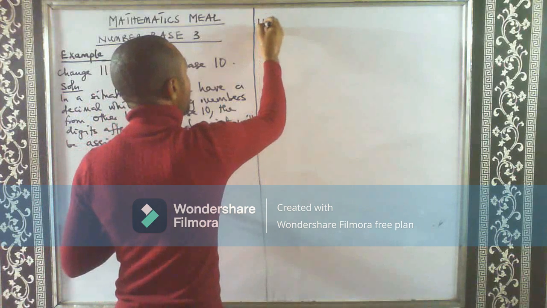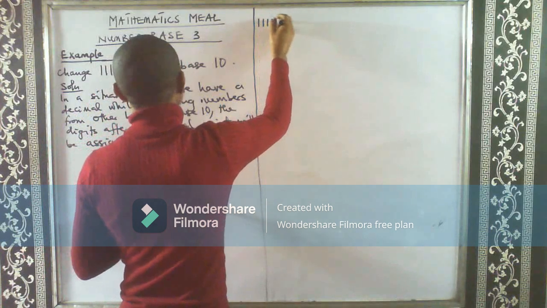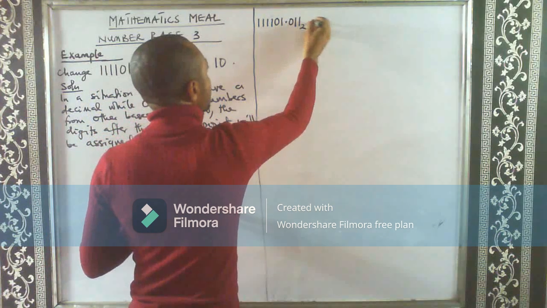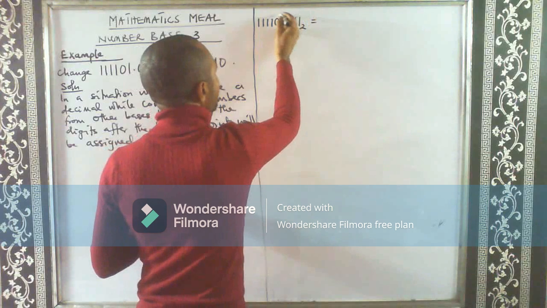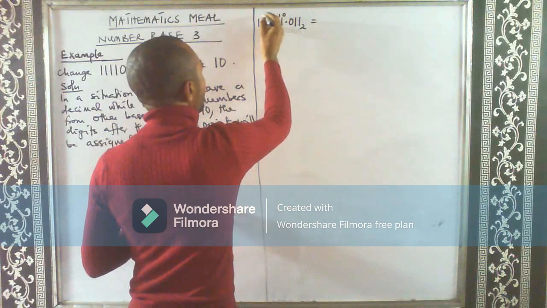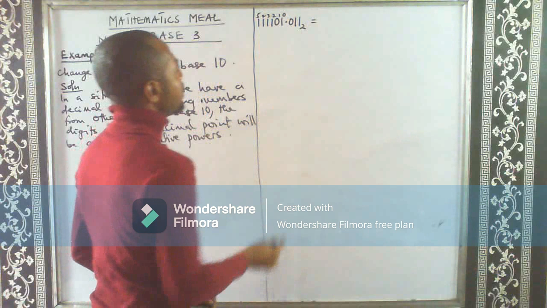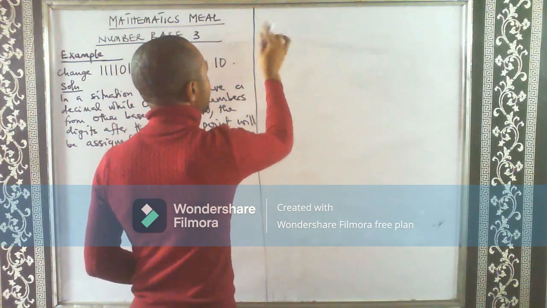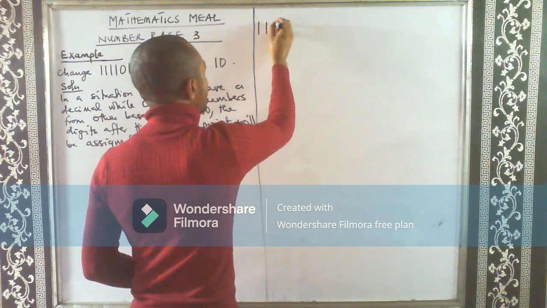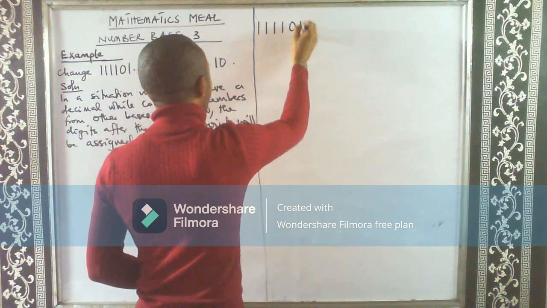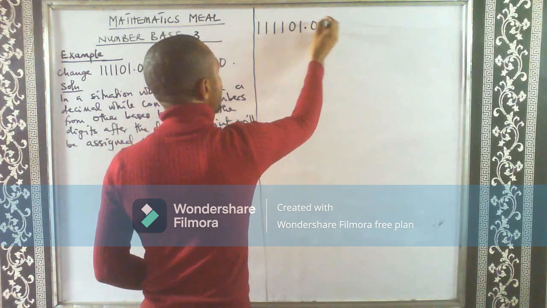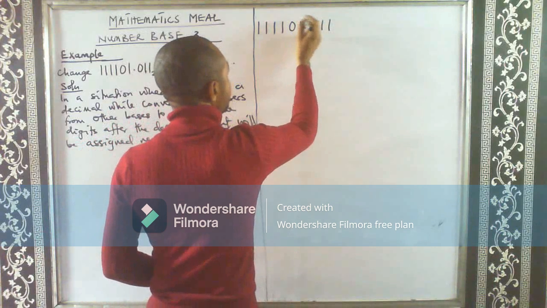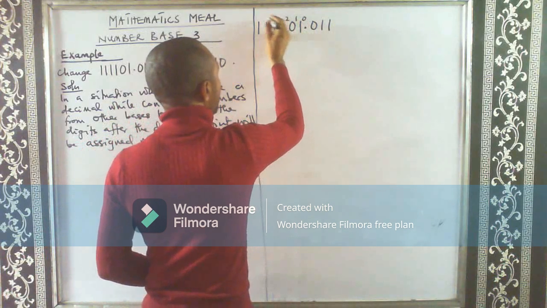We have 1, 1, 1, 1, 0, 1, 0, 1, 1. So if you assign powers, this is 0, 1, 2, 3, 4, and 5. That's the power assigned. So the normal powers will be assigned. Let's make this clearer. Normally 0, 1, 2, 3, 4, and 5.